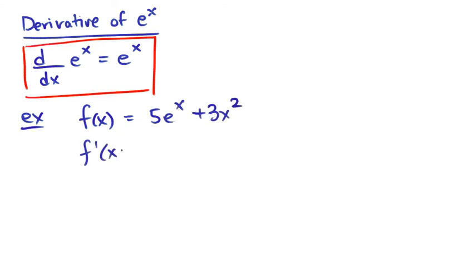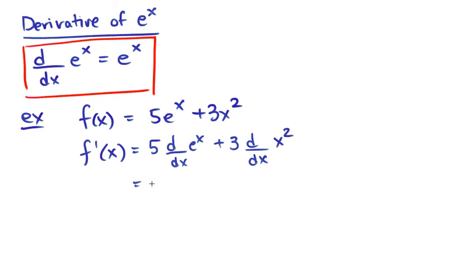So the derivative is a constant times the derivative with respect to x of e to the x, plus a constant times the derivative with respect to x of x squared, which is 5 e to the x plus 3 times 2x to the power of 1, which is 5 e to the x plus 6x.